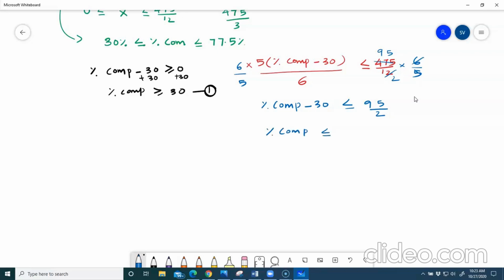So percentage of completion will be less than or equal to 95 over 2 plus 30. Simplify this: that is 95 plus 60 over 2, which is 155 over 2.